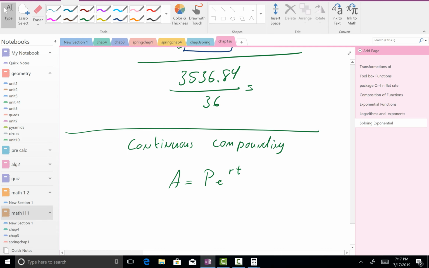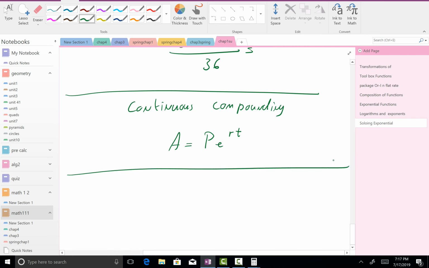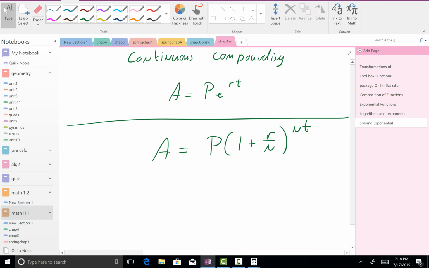So all the stuff that I did was basically using this formula, where all you're going to do is substitute values in. Let's do one more thing here. This was kind of interesting.